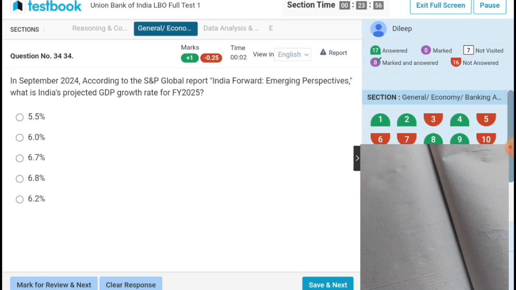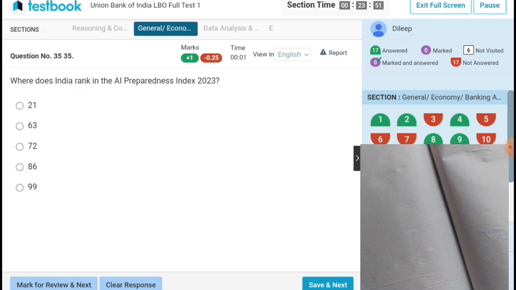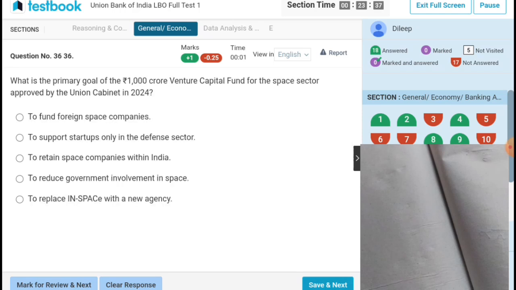September S&P. AA Preparedness Index. What is India's rank in AA Preparedness Index? I think 63 or 72. What is the primary goal of the Indian budget?